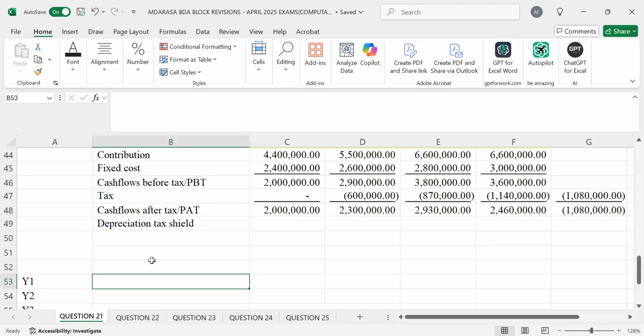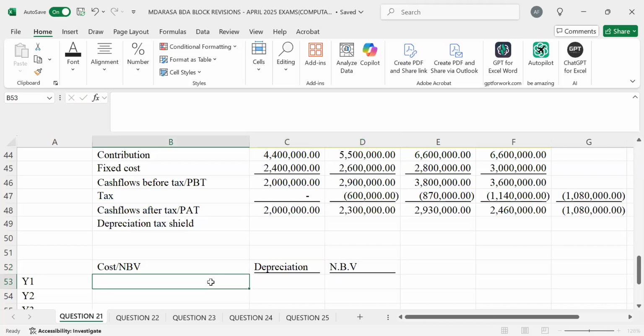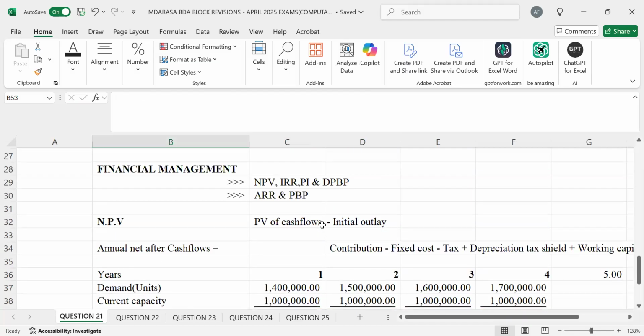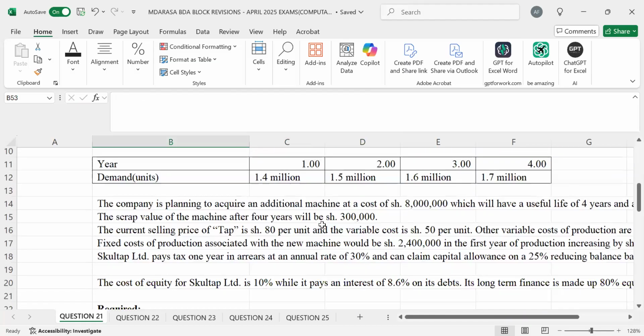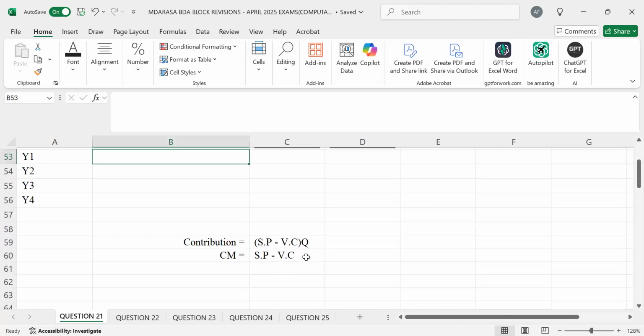The cost of this item will run as the net book value because it is reducing balance. We have our depreciation here. We have our NBV. The cost of this new machine: this new machine will cost us 8 million. So we have our 8 million here.